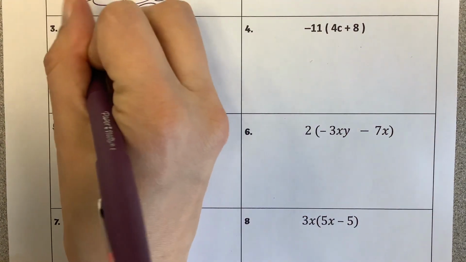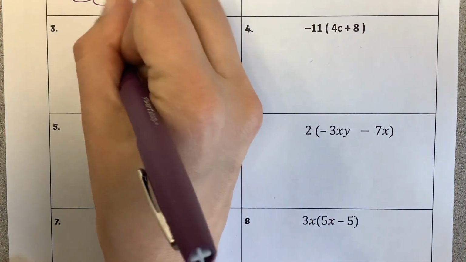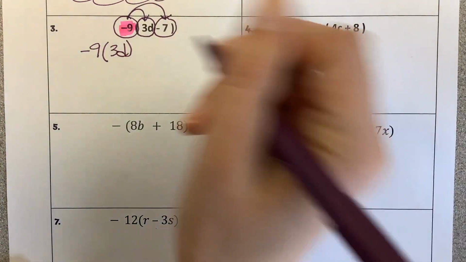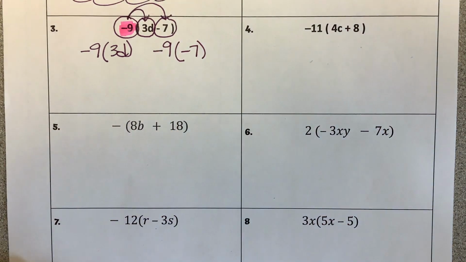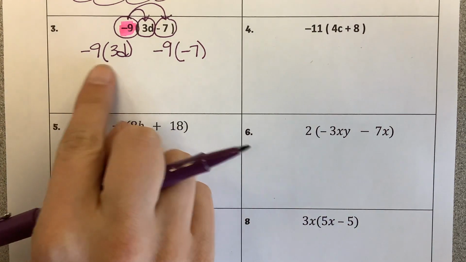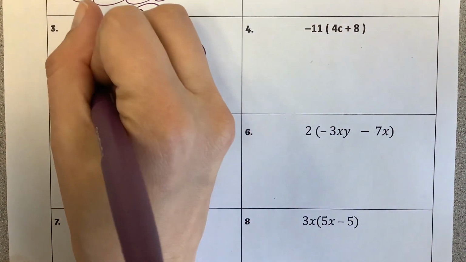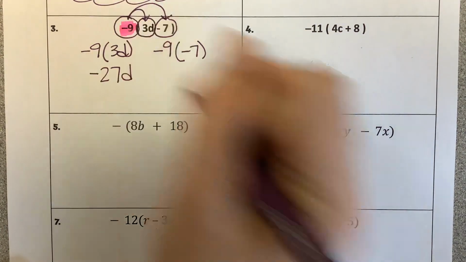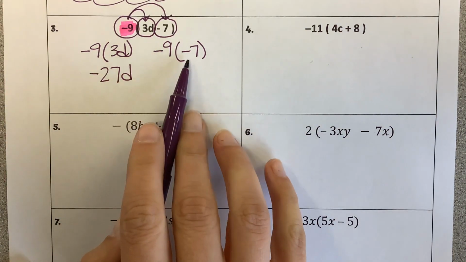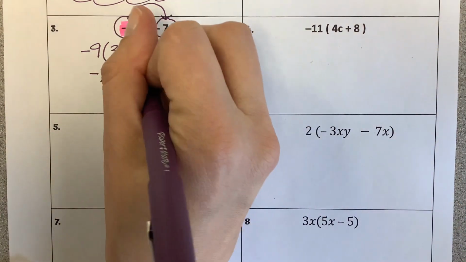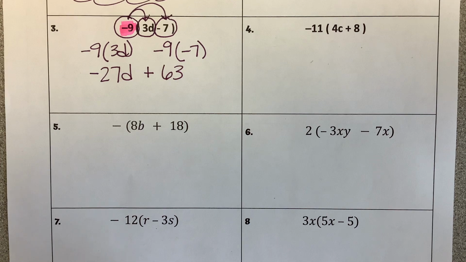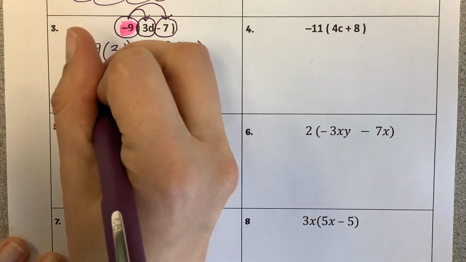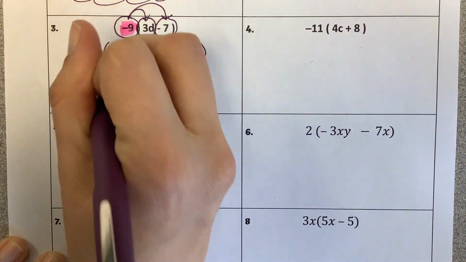So I am doing -9 times positive 3d, and I'm doing -9 times -7. -9 times 3d is -27d. -9 times -7 is positive 63. So this just becomes plus 63. And that is our final answer.